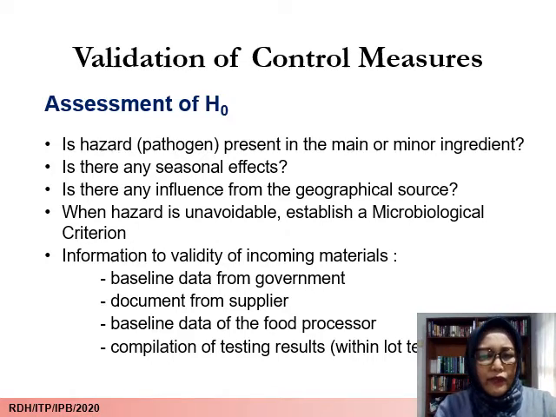Is there any influence from the geographical source? When a hazard is unavoidable, then we have to establish microbiological criteria. Information to validate incoming materials could include baseline data from government, documents from suppliers, baseline data of the food processor, or compilation of testing results.